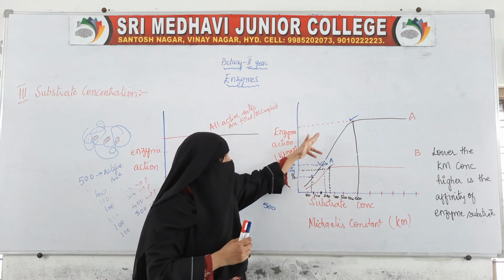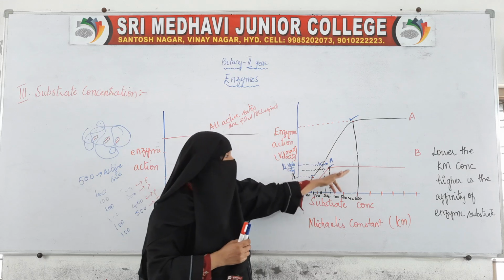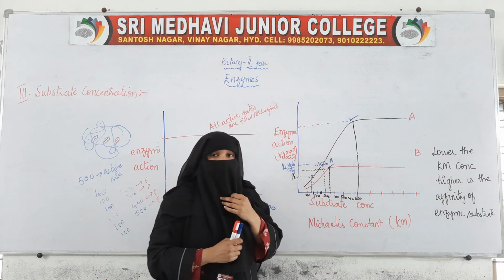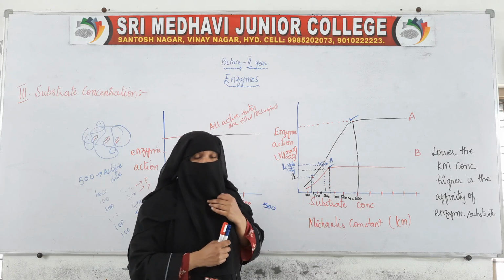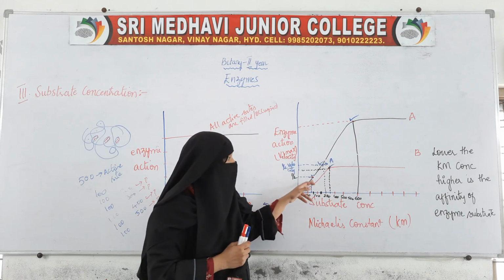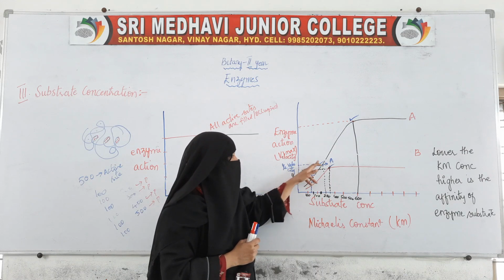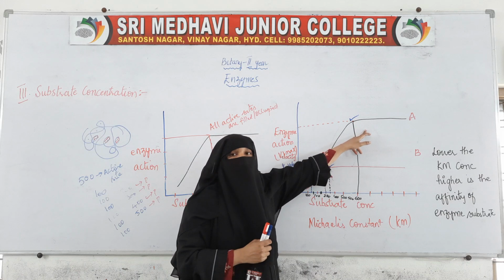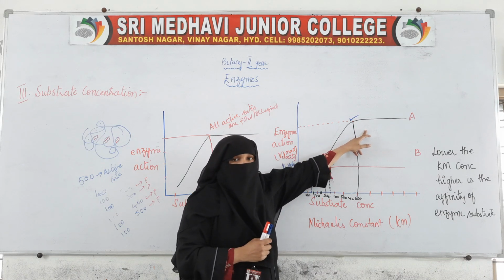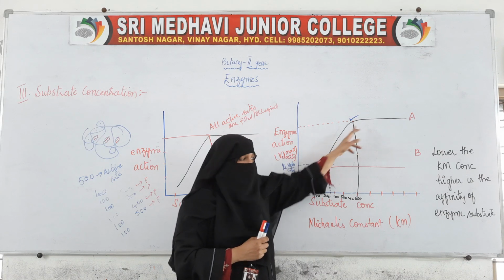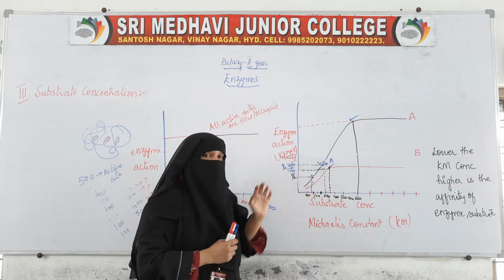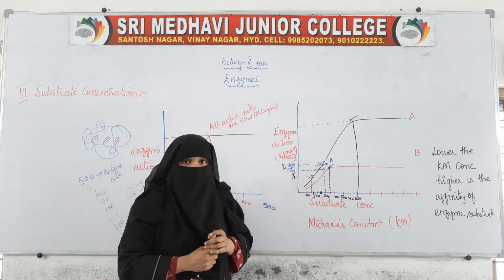So here when I compare the Michaelis constant of these two enzymes, whose Michaelis constant is more? The Michaelis constant of enzyme A is more, and the Michaelis constant of enzyme B is less.